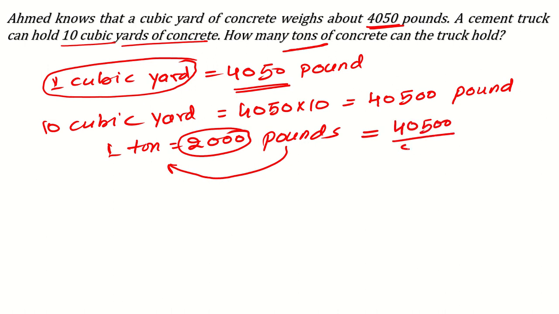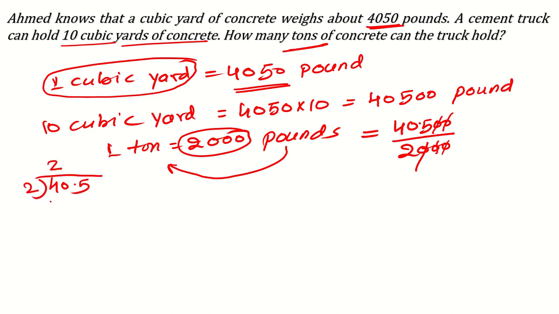So this is 40,500 divided by 2000. So what will we do here? 2 zeros cancel, and then 4050 divided by 20. So 1 zero you can cancel and you can put a decimal point here. So now finally it becomes 40.5 divided by 2.